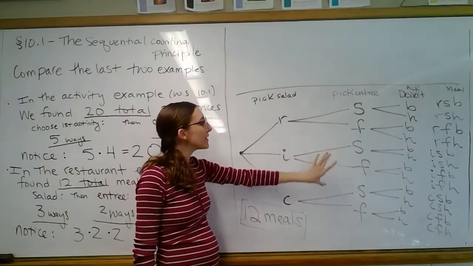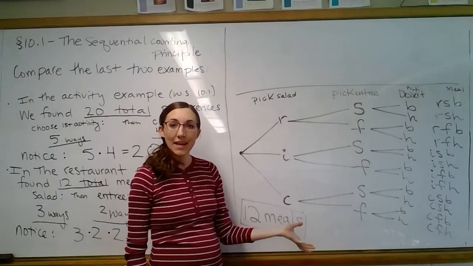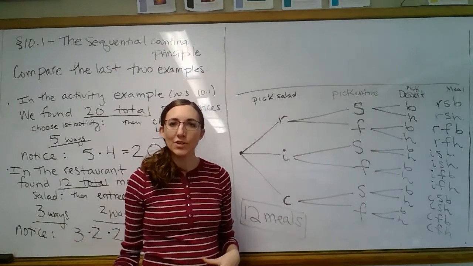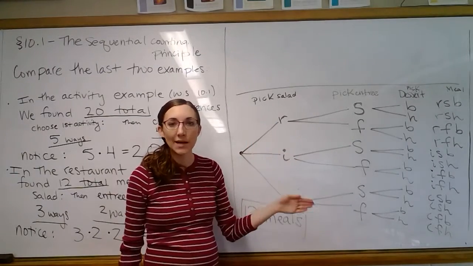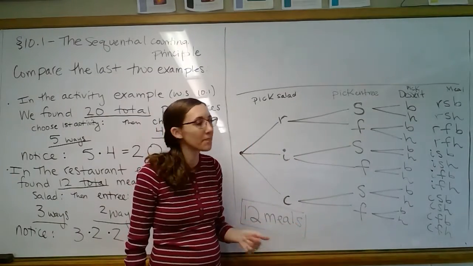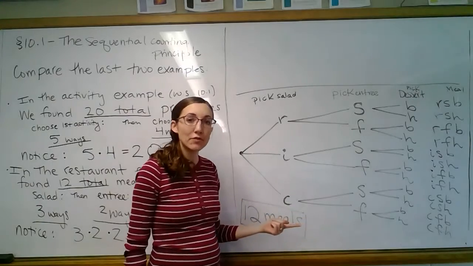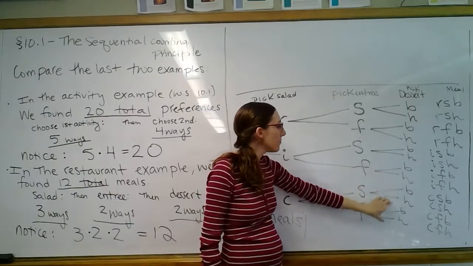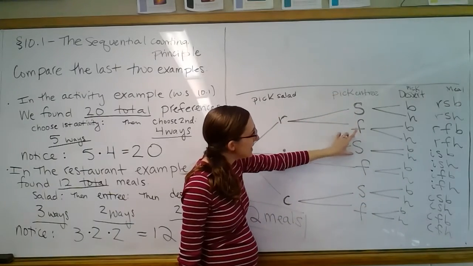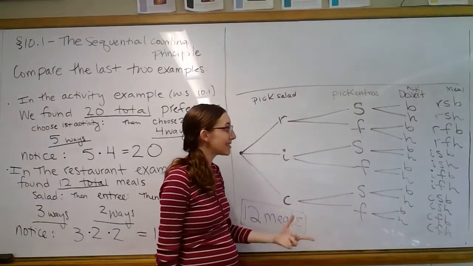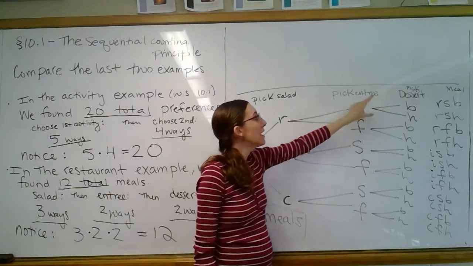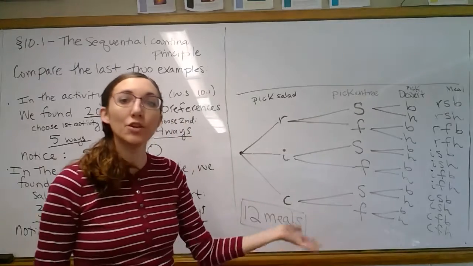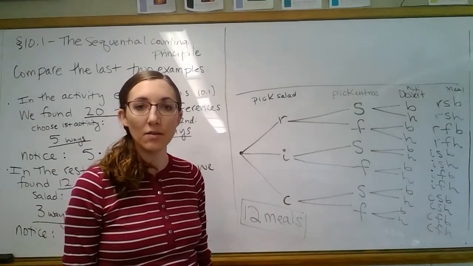So 3 different times, there was a set of 2 choices. Which, that's literally what multiplication is then, right? There are 3 sets of 2, or 3 times 2. And then for each of those, there was 2 more choices. So then for each of these, which there was 6 of because of 3 times 2, there's 2 more choices. So now I have 6 sets of 2, and 6 times 2 is 12.